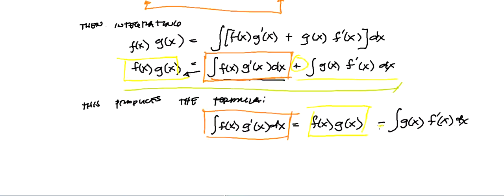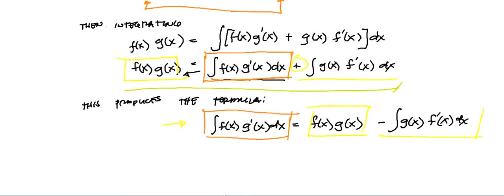That's why it became negative, plus this term, minus this term. After integrating, this formula is the basis of what we call integration by parts.